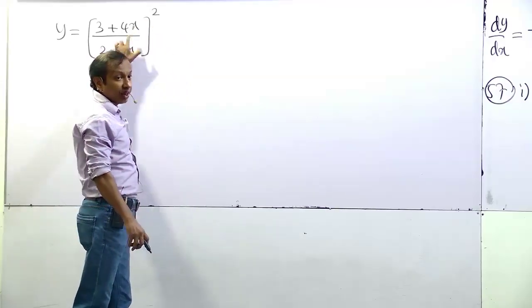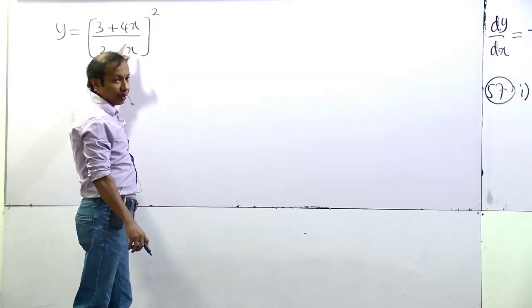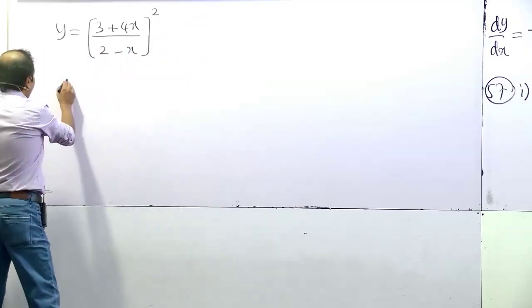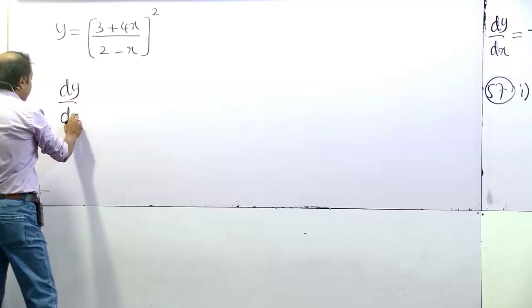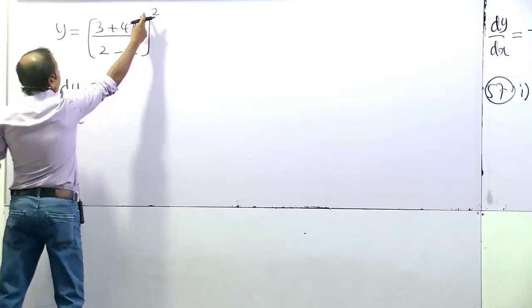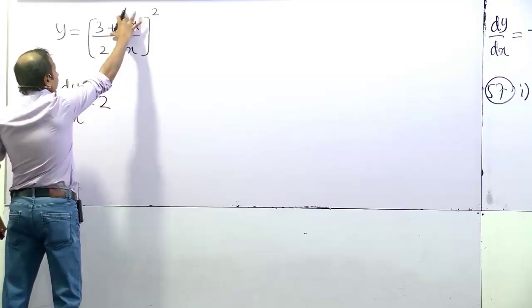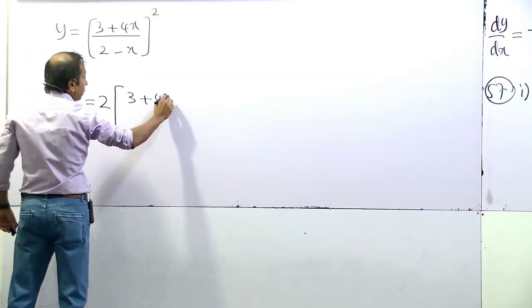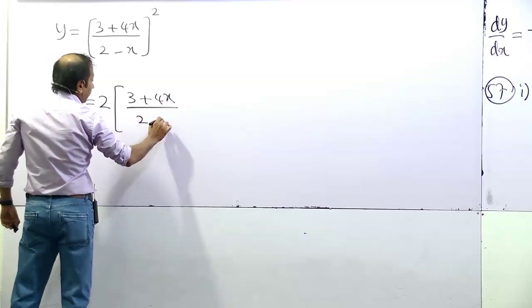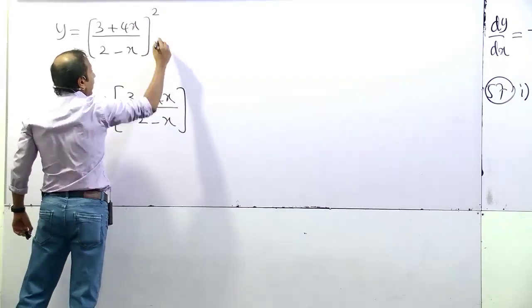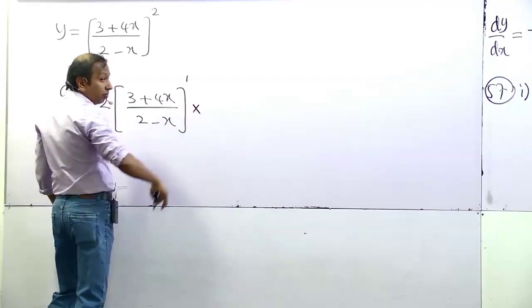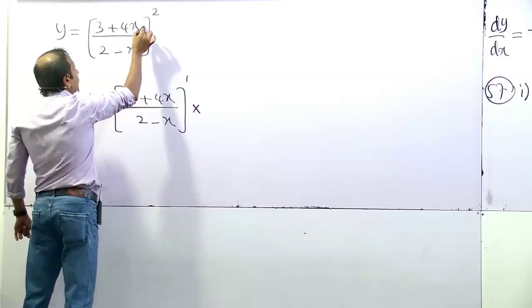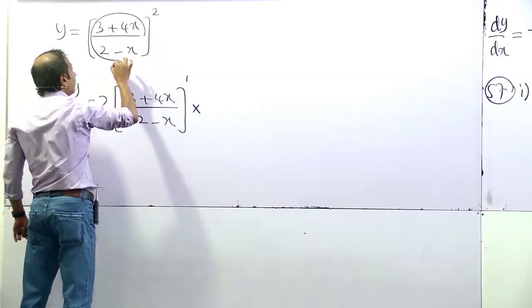How to differentiate X squared? 2 comes before X, 2 minus 1. dy over dx: bring this 2 before, the same thing, this we don't change. 2 minus 1 is 1, multiplied by... Now, by differentiating this, we came inside this.